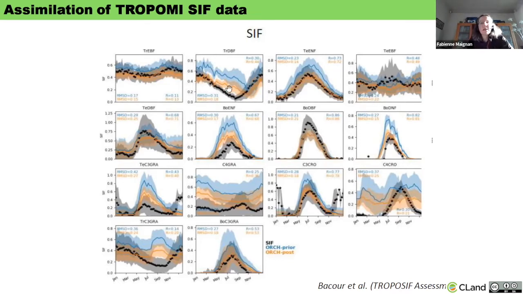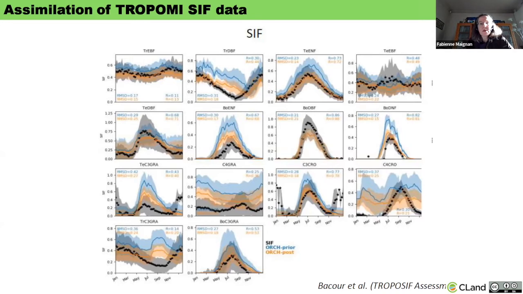So the data is in black. You see the mean cycle with the black dots, and the gray areas represent the variation among the 15 selected grid cells. The prior simulation is in blue, the posterior simulation is in orange, and you have the RMSD and correlation coefficient in the corresponding colors.